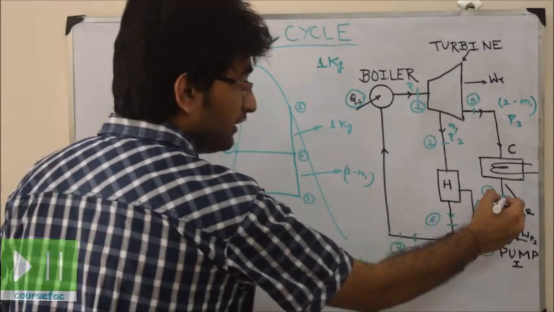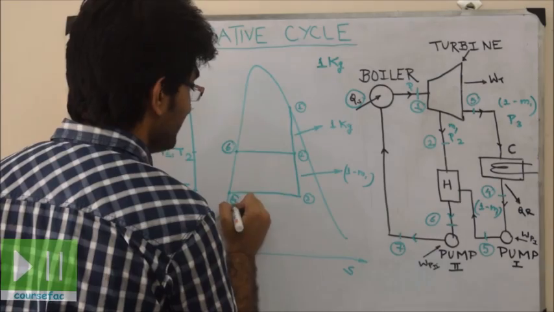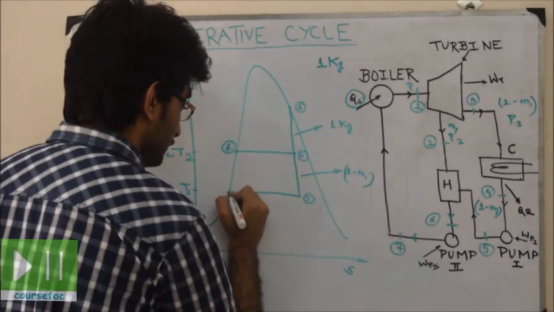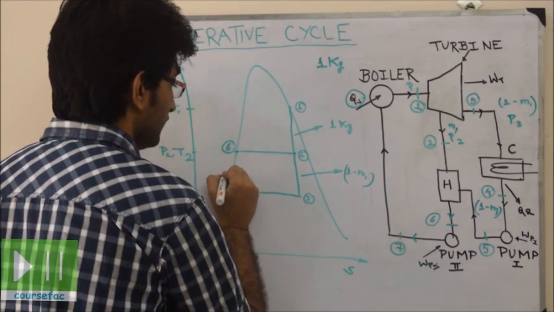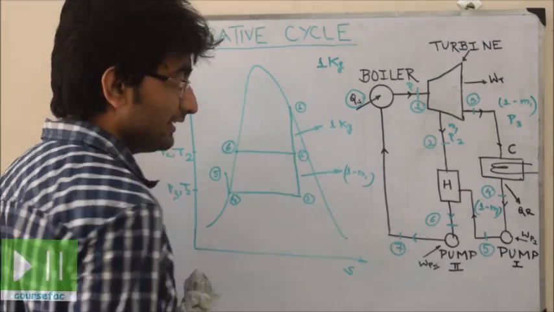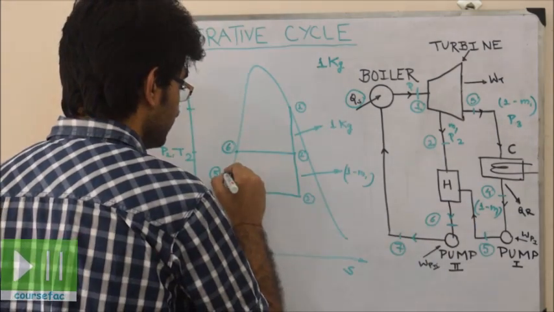Now the phase change ends at point 4. This is point 4, that is saturated liquid. From 4 to 5 we have pumping. So 4 to 5 is pumping, and next 5 to 6 is fed to the heat exchanger.